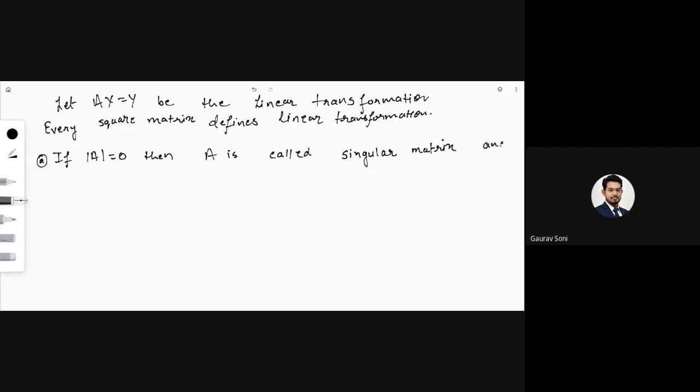And the transformation it does, y = Ax, is a singular linear transformation.